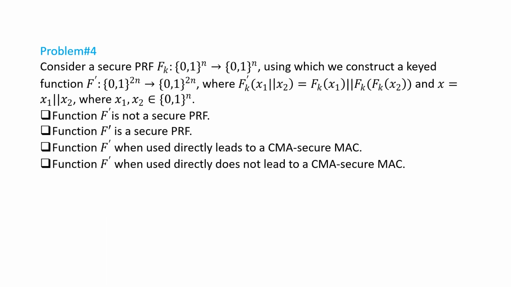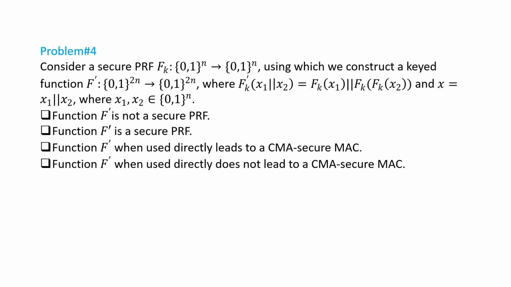And now it checks whether the first part of the output matches the first part of the first PRF output for the x1 concatenated with x2 query, and the second part matches the second part of the output for the x1' concatenated with x2' query. If this matching happens, then it can say that okay, I am interacting with a PRF.